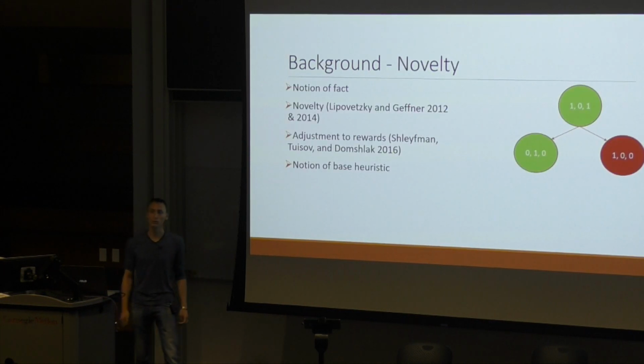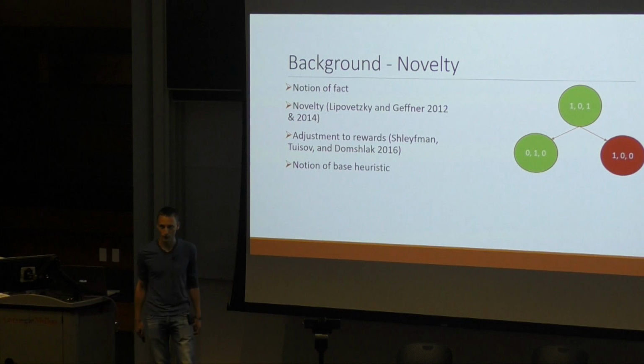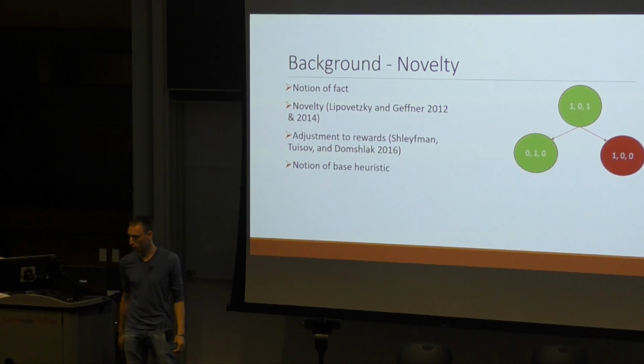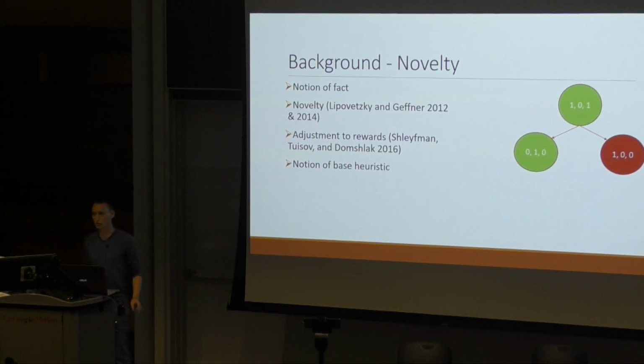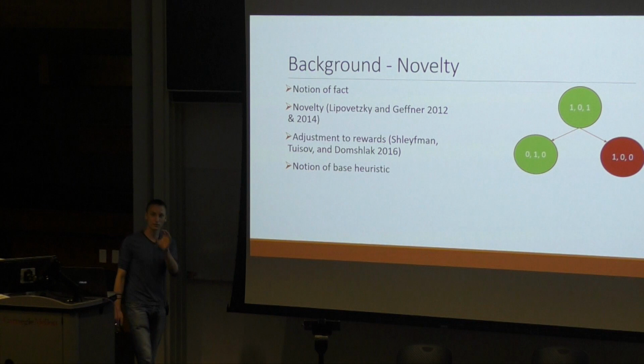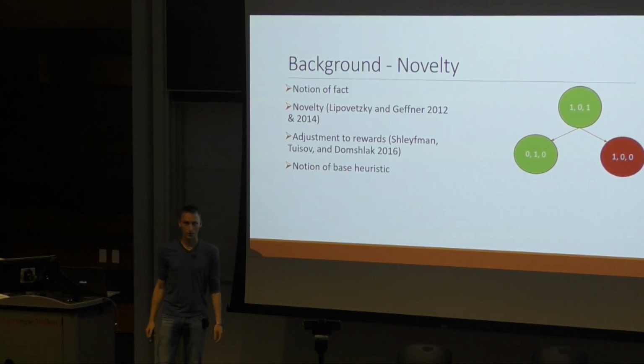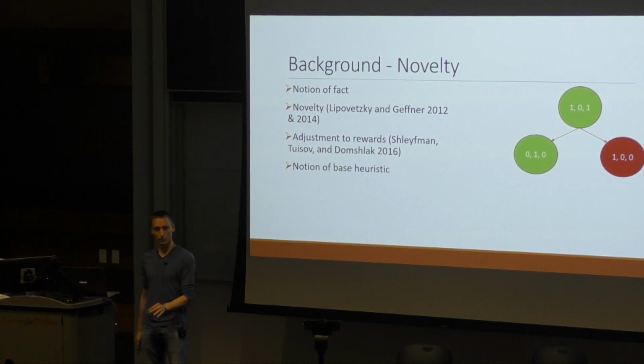And second of all, I want to talk about novelty. Novelty is a neat concept that was introduced by Lipovetzky and Geffner in 2012. And what they're saying is this. Every state consists of some facts, right? A fact is a variable with its value.